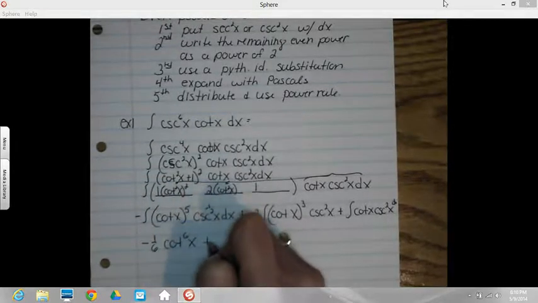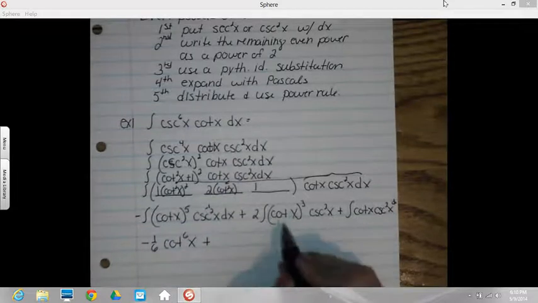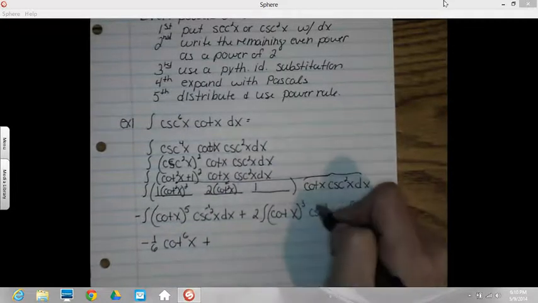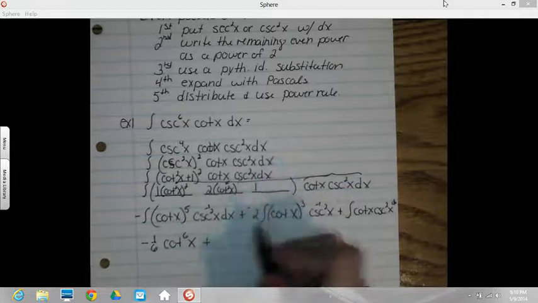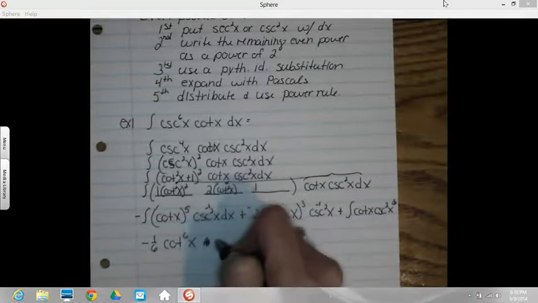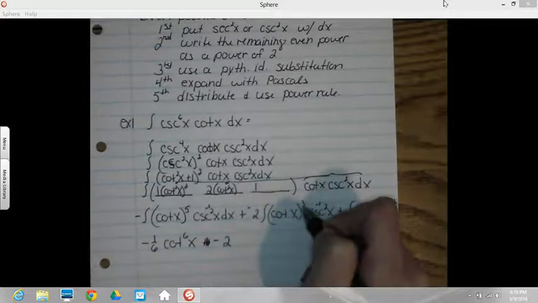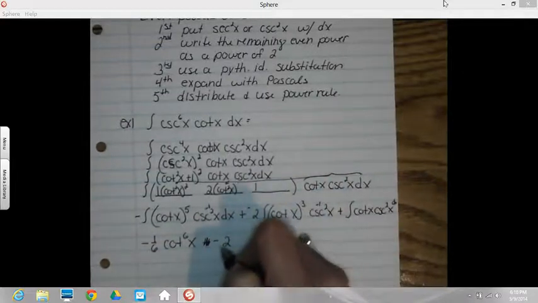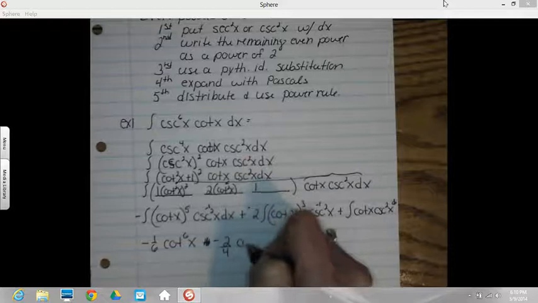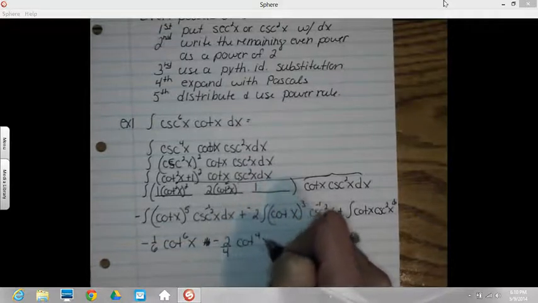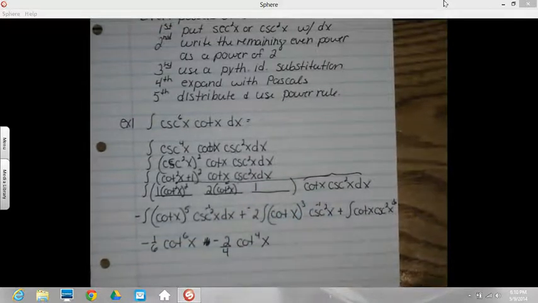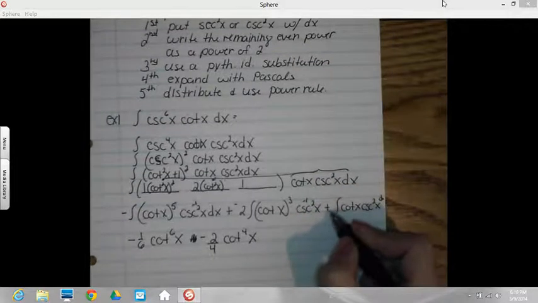Moving on to this one, same thing, the inside derivative needs a negative. So I'm going to make that a negative. That'll become a 4, so 1/4. That'll go down to 1/2. And then the last one here, this is still a power rule.